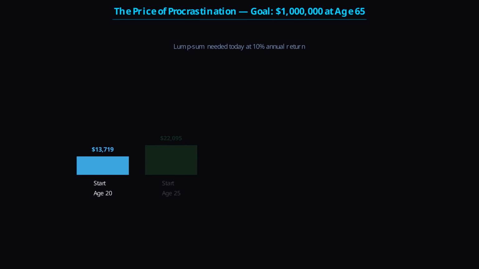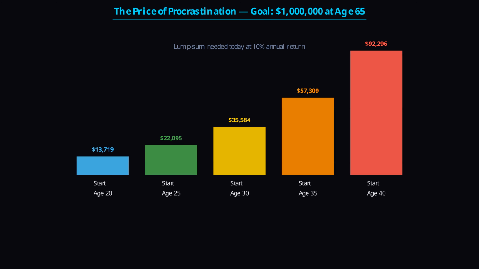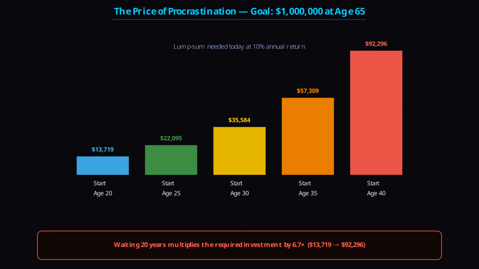There's another way to see this, in terms of the price you pay for waiting. Suppose your goal is $1 million by age 65. You plan to make a single lump sum investment today and leave it alone. At age 20, you need to invest $13,719. That's it. One investment. Let time do the rest. At age 30, you need $35,584. More than double.